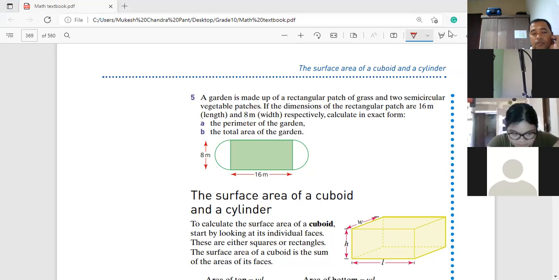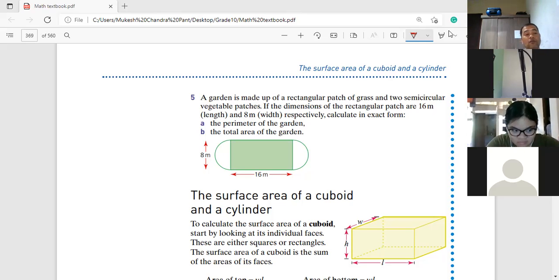The middle one is the rectangle, and both ends of the rectangle are mounted by semicircles. If the dimensions of the rectangular patch are 16 meter length and 8 meter width respectively, calculate in exact form the perimeter and the total area of the garden.